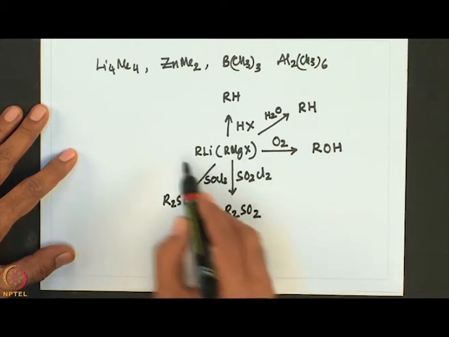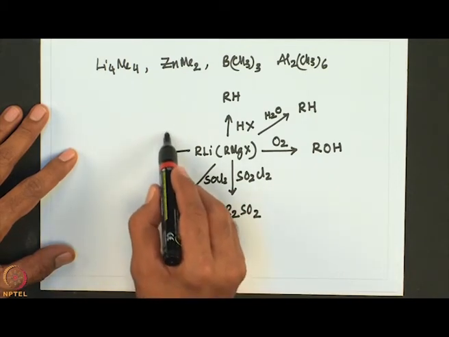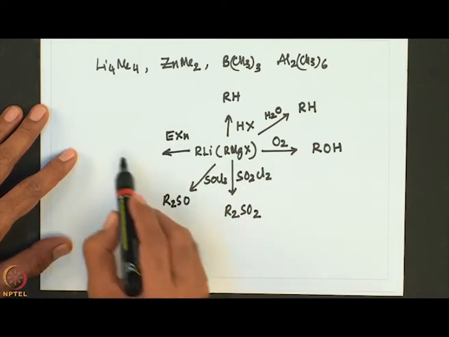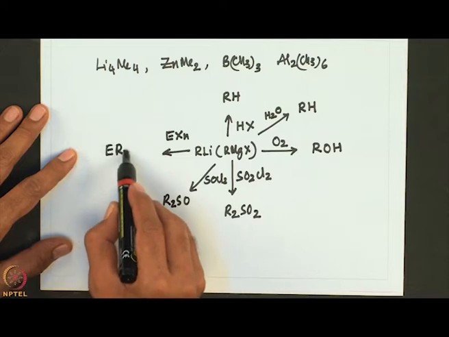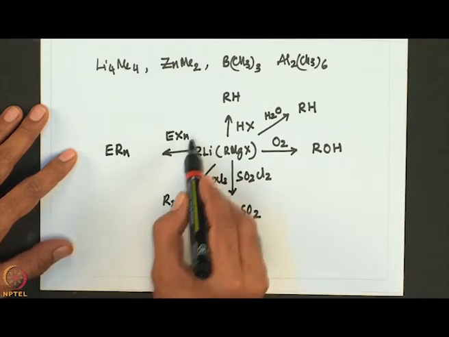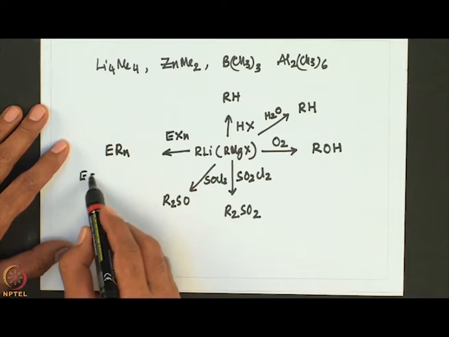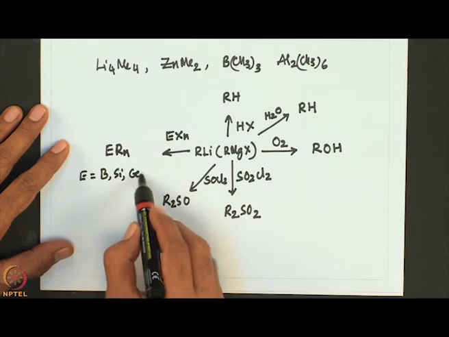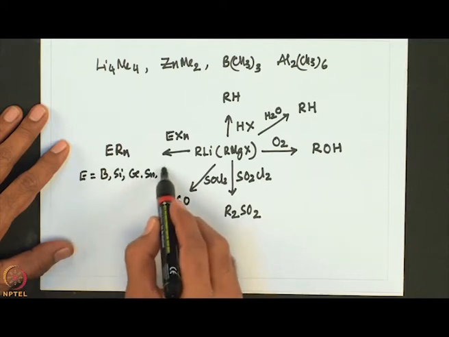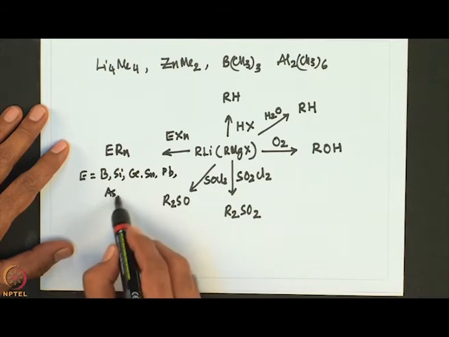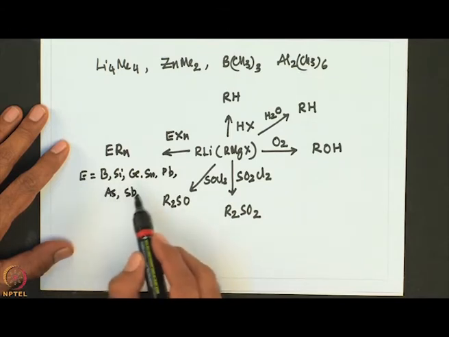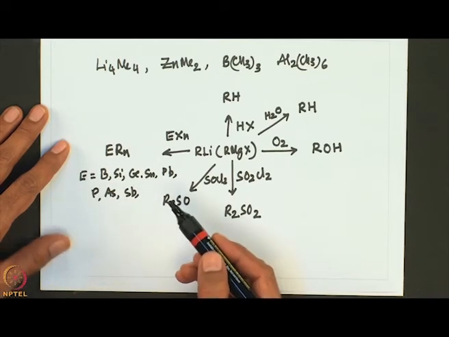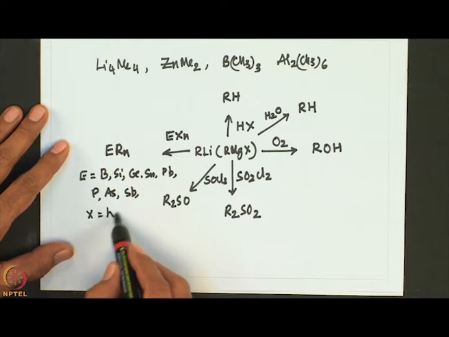And if we treat this one with an appropriate reagent EXn, one can get ERn. Here E can be boron, silicon, germanium, tin, Pb or arsenic, antimony or even phosphorus. Of course, X is a typical halide.